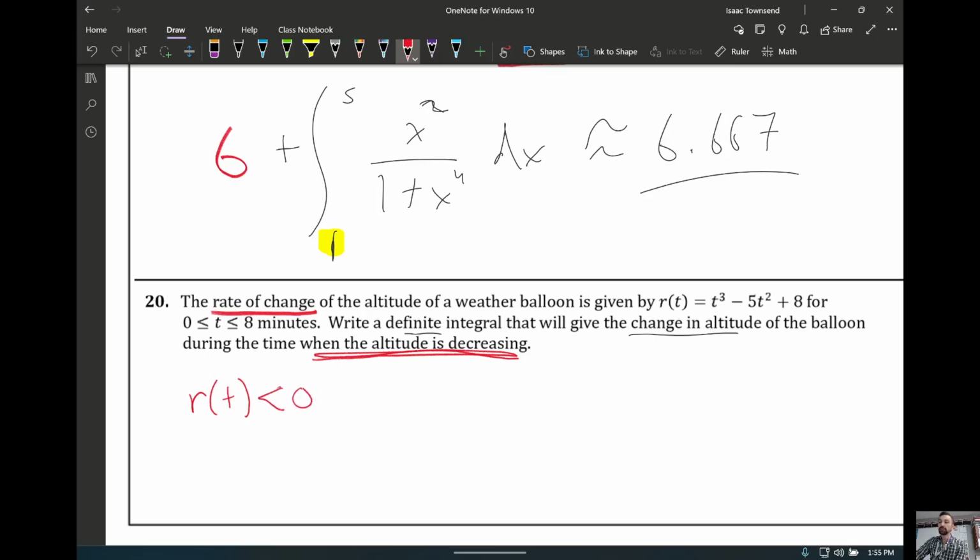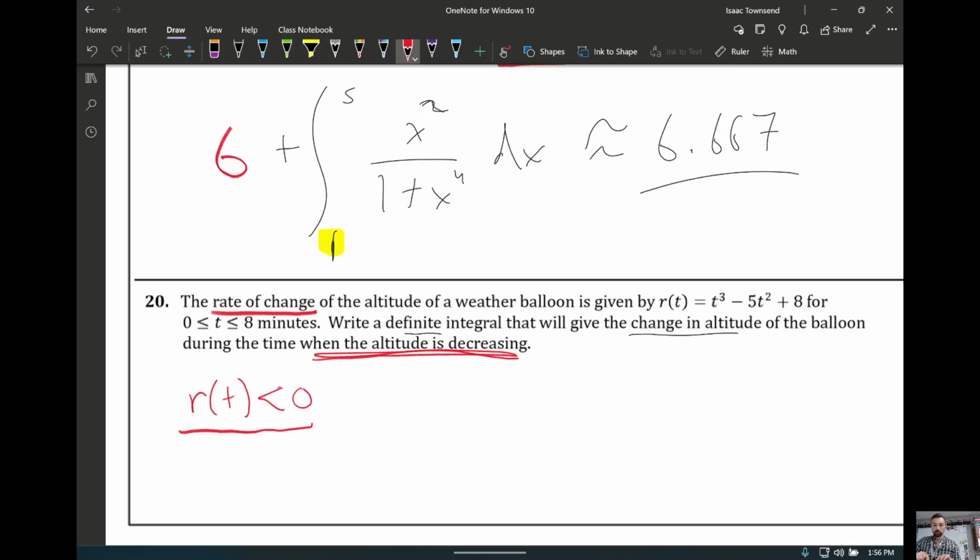When it's negative, right, the graph is going down, the value is decreasing, the slope is negative if it's decreasing. Now notice I'm not saying derivative here because r is already a derivative. It's already a rate of change. That's the thing that I read over too fast and made a mistake on. So this is when the altitude is decreasing, when the rate of change is negative.